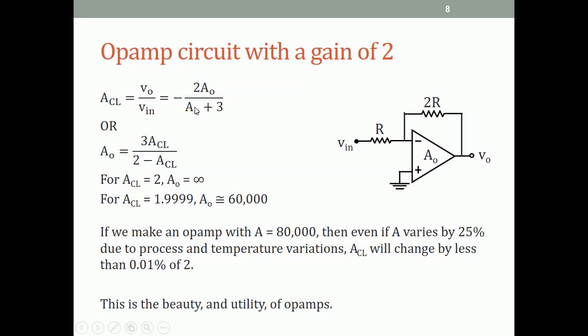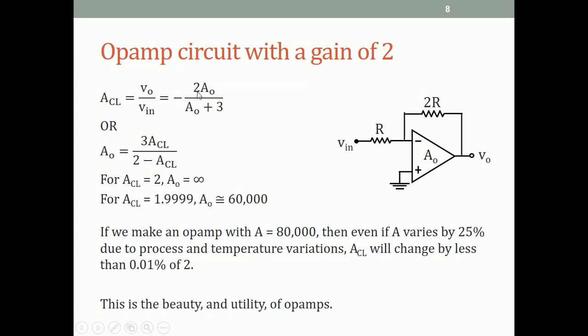Look at this equation: as long as A0 stays much greater than 3, then whether it is 60,000 or 80,000, ACL is very close to 2. That is why high gain amplifiers are useful in electronic circuits, because they give closed loop gains that are much more independent with respect to process and temperature.